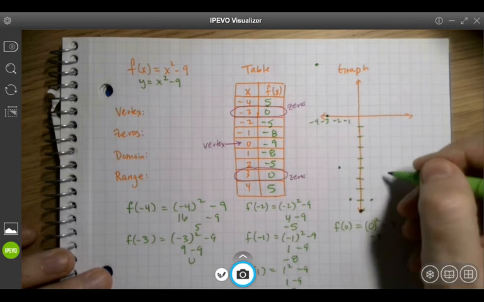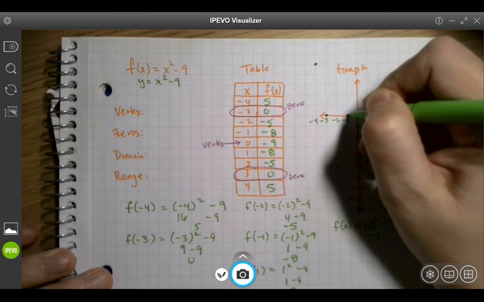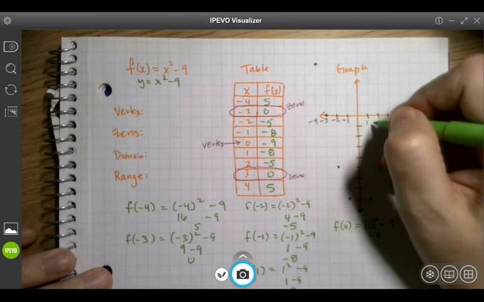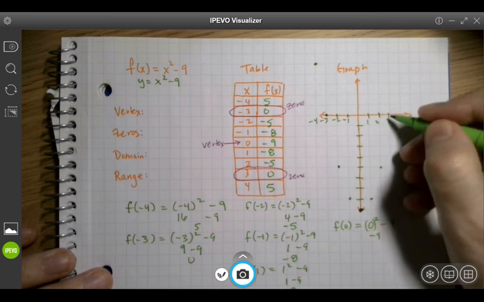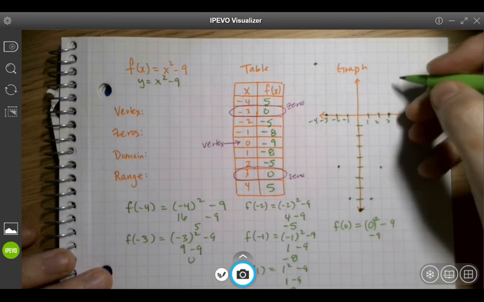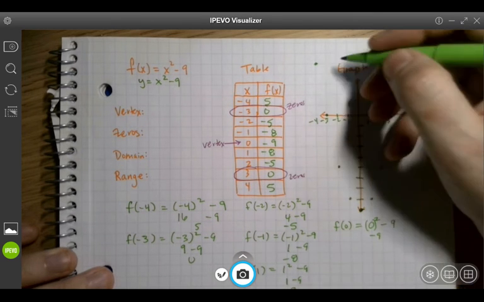And then it's symmetrical. So 1 is at -8, 2 is at -5, and 3 is at 0. And then up here, 4 is at 5.